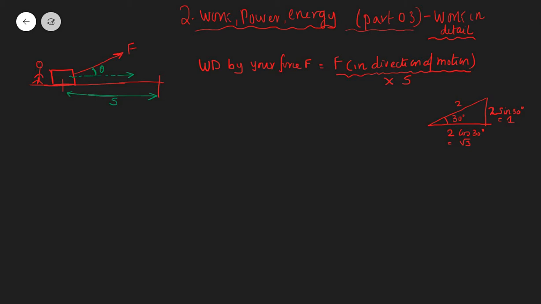So that's coming from trigonometry. So applying the same idea, the horizontal force, or the force in the direction of the motion, is F cos theta. So in general we say that the work done by the force is equal to F cos theta, because this is the force in the direction of motion into the displacement. So work done is F cos theta into S.